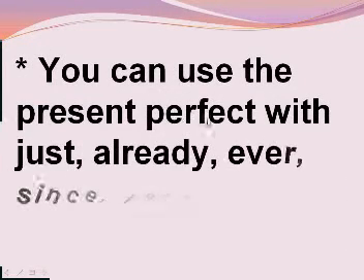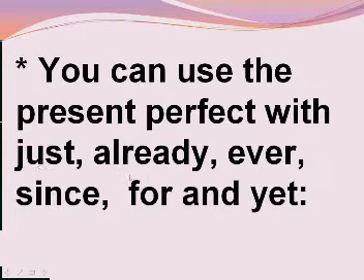You can use the present perfect with just, already, ever, since, for, and yet. So these words are called markers of the present perfect tense. Again, they are just, already, ever, since, for, and yet.